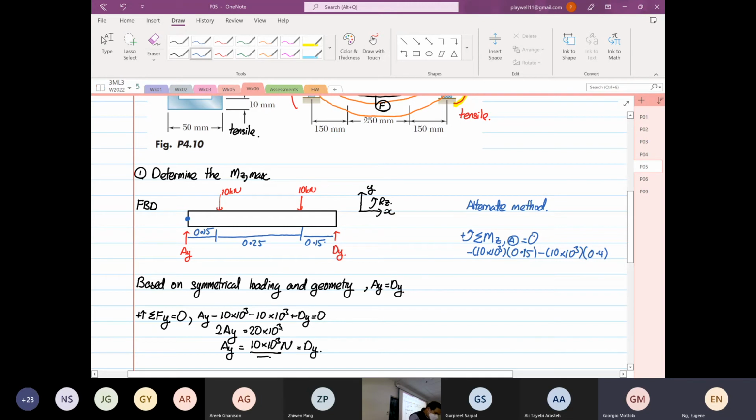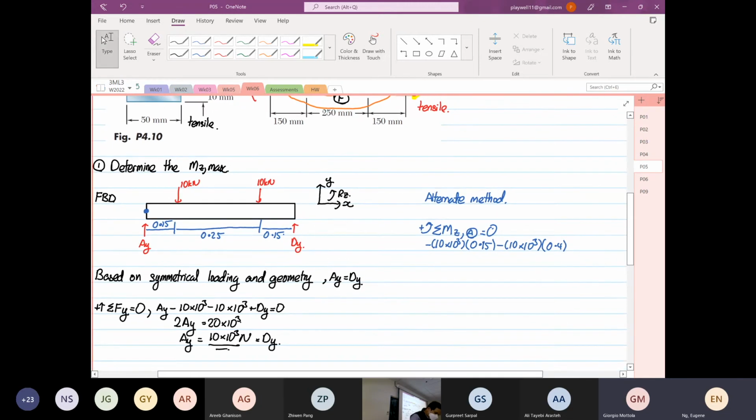So 0.25 plus 0.15 is 0.4, then plus Dy multiplied by 0.55. The whole thing is equal to 0.